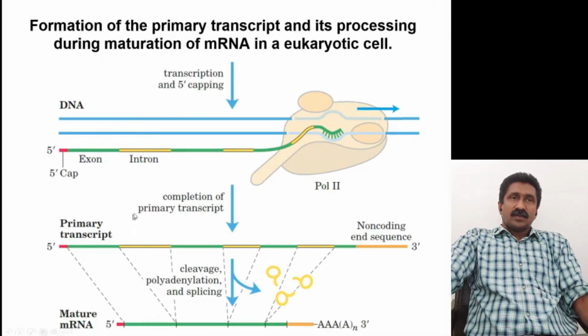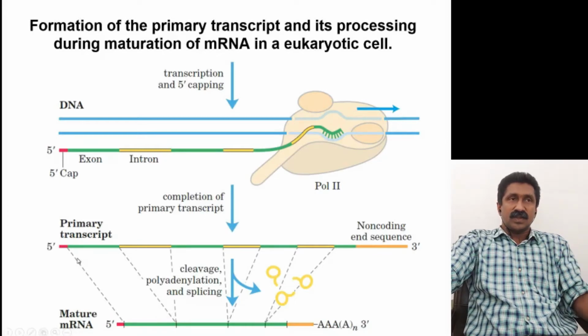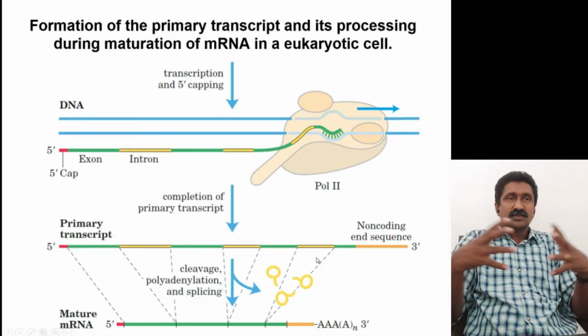Okay, now from that primary transcript that is produced, once this transcript is completely produced, you will have a primary transcript of the eukaryotic mRNA or RNA. And there are intron regions and exon regions which are intertwined.